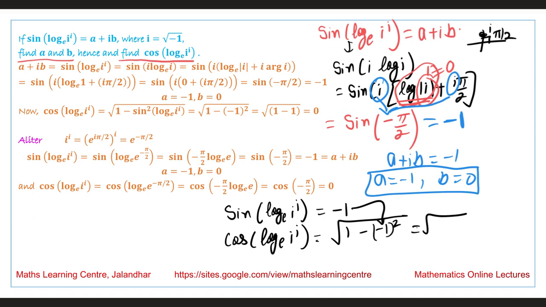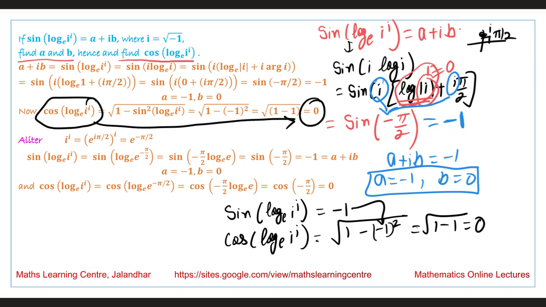So it is equal to square root of 1 minus 1, that is equal to 0. Now, another way to solve this problem is to consider iota raised to the power iota and write iota in the polar form.